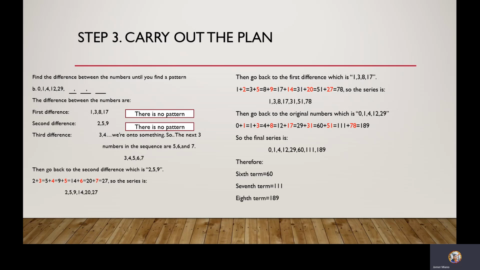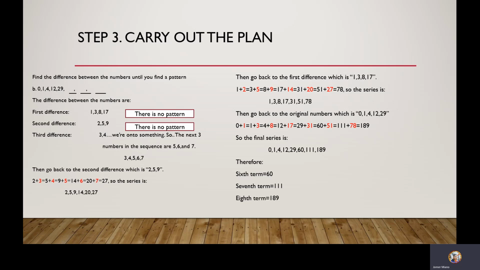So, sundan lang natin to. 2 plus 3 is equal to 5 plus 4 is equal to 9 plus 5 is equal to 14 plus 6 is equal to 20 plus 7 is equal to 27.